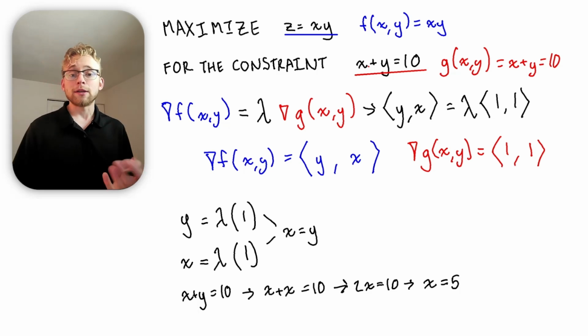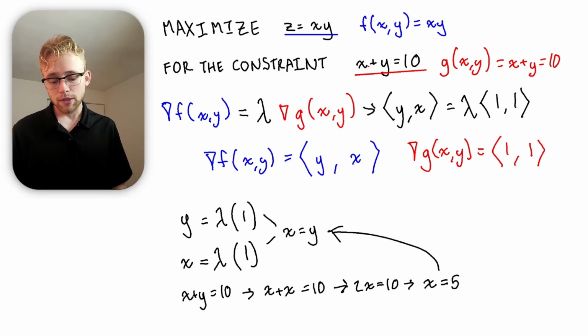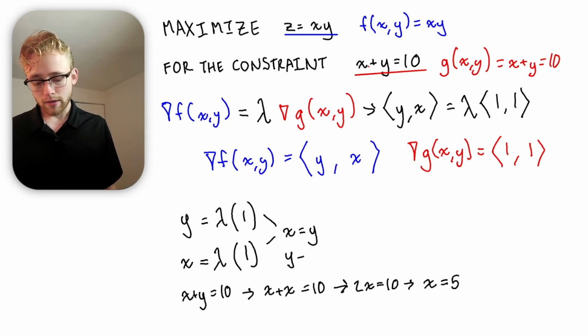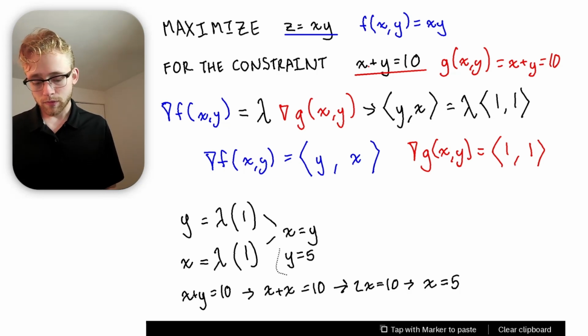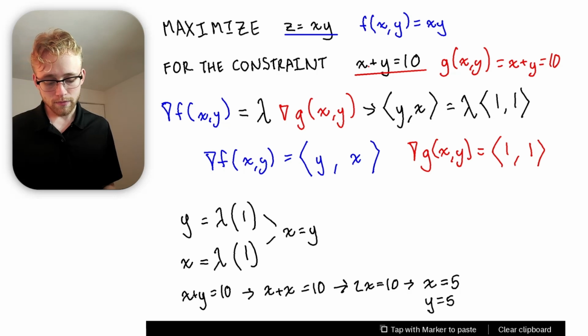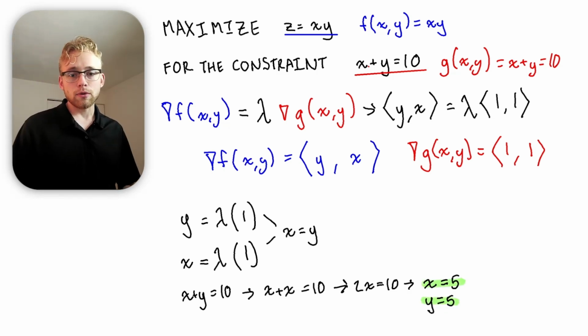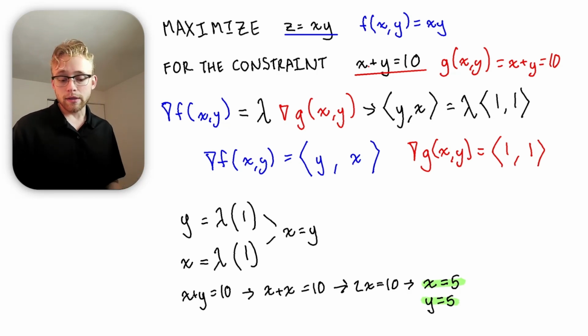Now if x equals 5, we can plug that back into the equation we have right here, and out of that we have that y equals 5 as well. I'll bring that down here. That's our x and our y value, and those are the only x and y values that will satisfy both of these equations.